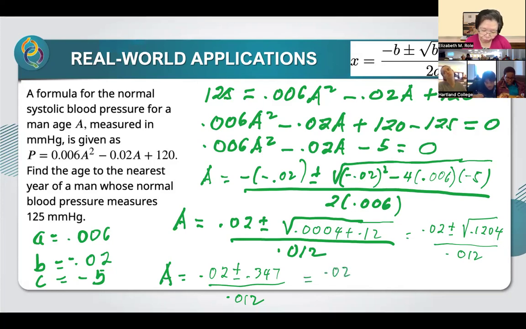So adding 0.02 plus 0.347 and dividing that by 0.012, you get 30.58 as the nearest year.